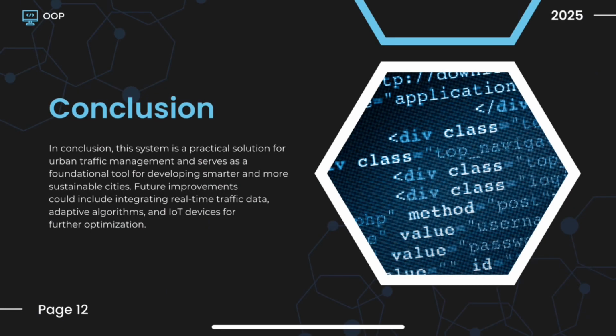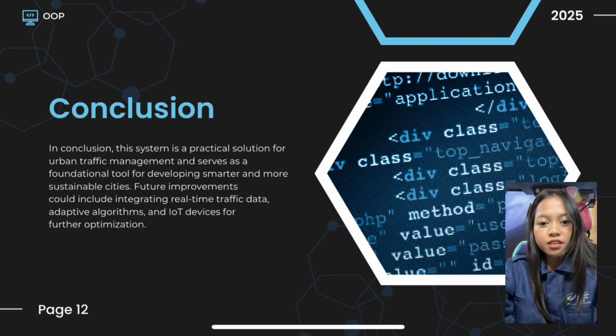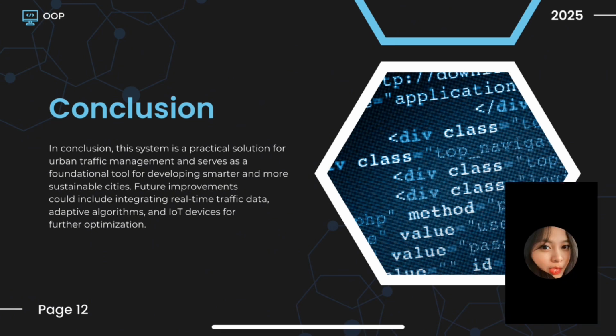In conclusion, this system is a practical solution for urban traffic management and serves as a foundational tool for developing smarter and more sustainable cities. Future improvements could include integrating real-time traffic data, adaptive algorithms, and IoT devices for further optimization.